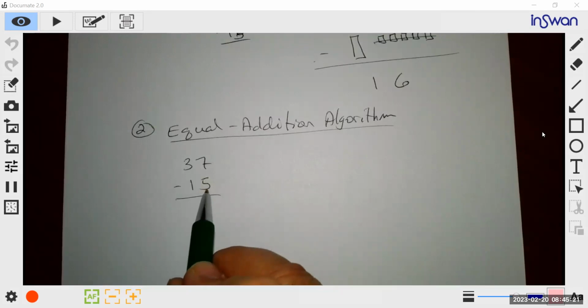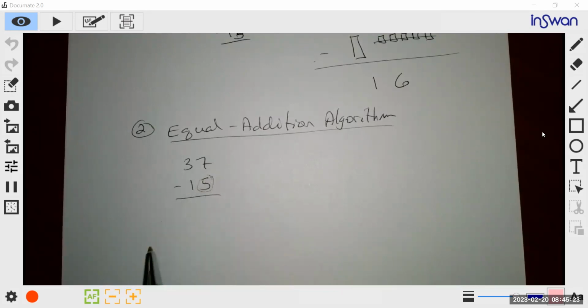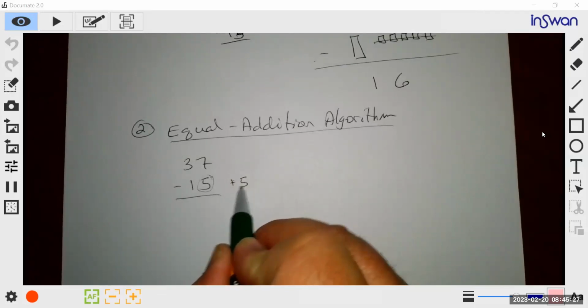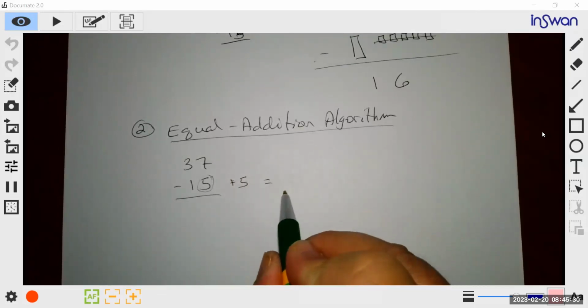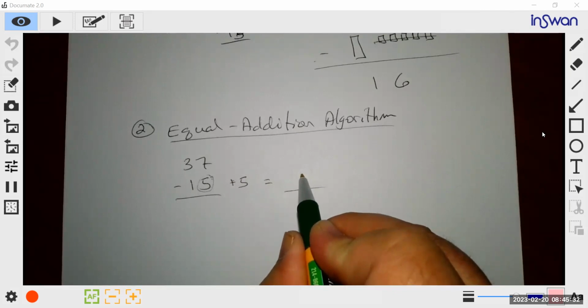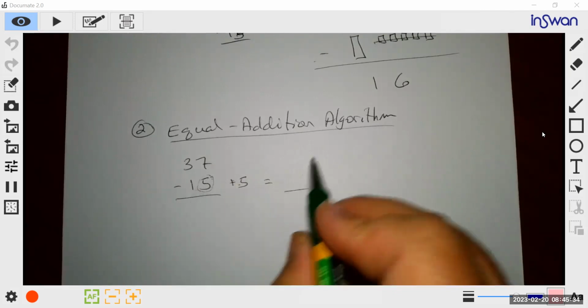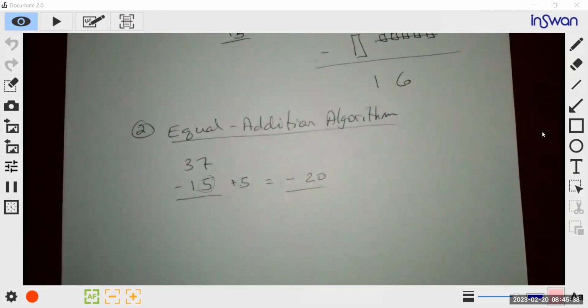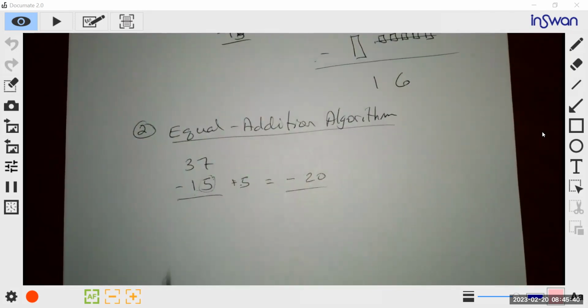So let's look at the bottom number, the smaller number. If we take the bottom number and add 5 to it, what do we get? 20. No, but this is not a negative, it's a subtraction.